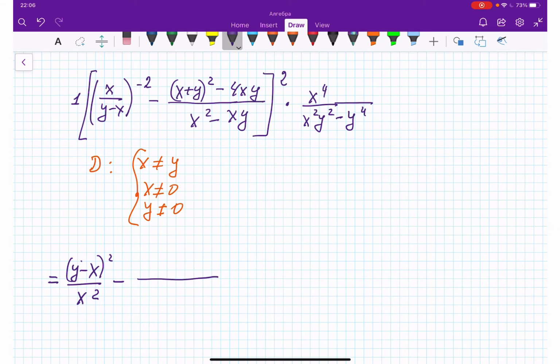Let's open this square here: x squared plus 2xy plus y squared, right?